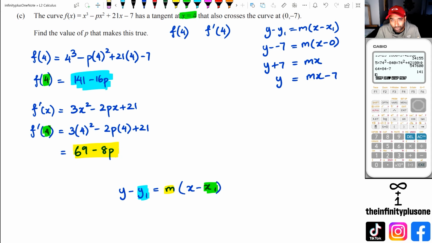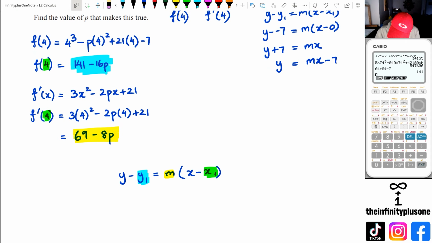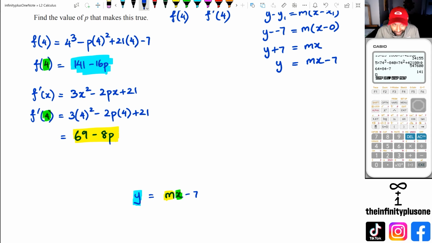But what I need is to use y equals mx minus 7. So I shouldn't be using this one. Instead, I'm going to use y equals mx minus 7, because I already have m, x, and y.